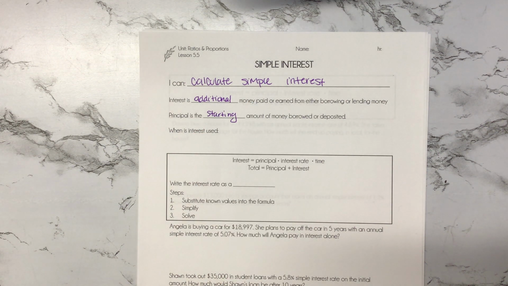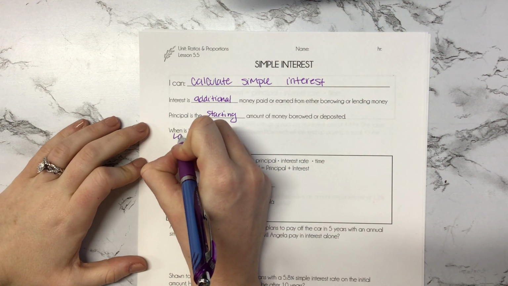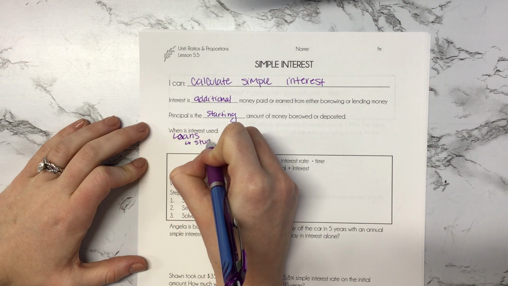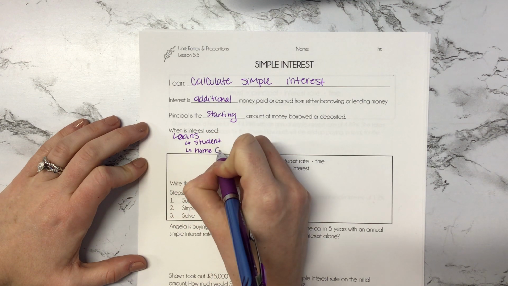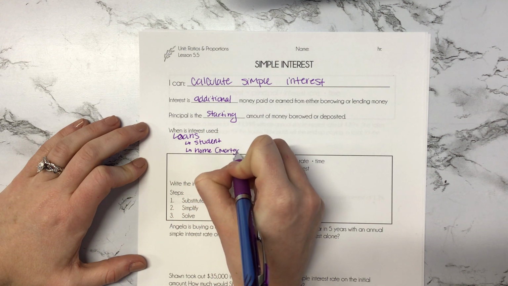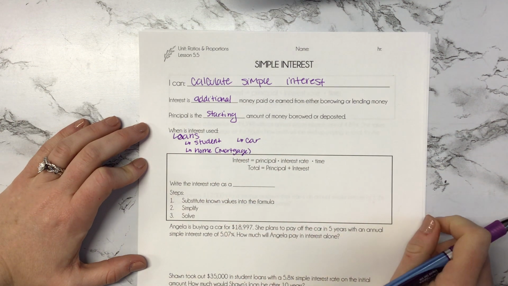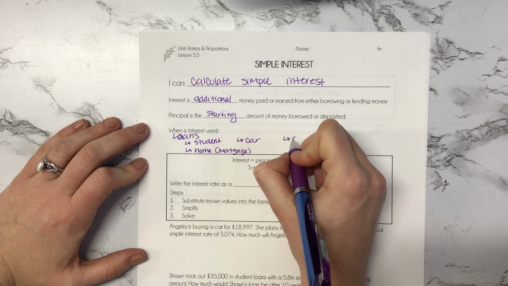Okay. So like I said, times interest is used are loans. So you have student loans. You have a home loan, which has a special name of a mortgage. Car, business. There's lots of different types of loans. Credit cards.